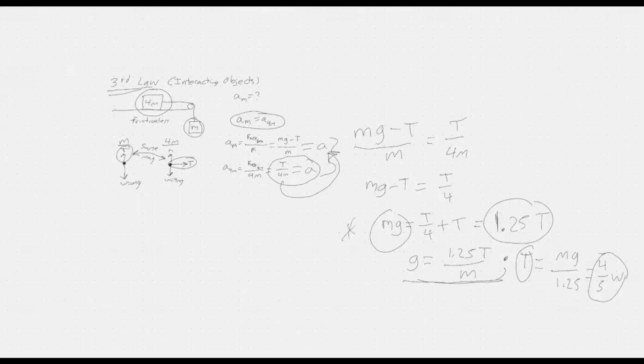Solve for the tension, and you would find that tension is equal to mg over 1.25. mg is just the weight of the little box. So the tension in this string would have to be 4/5 of the weight of the box. And so that means there would be an acceleration because in your free body diagram, the tension pointing up would be a little bit smaller than the weight pointed down.